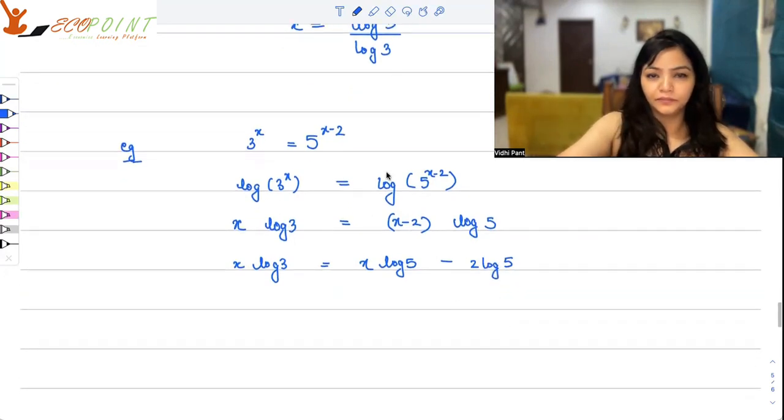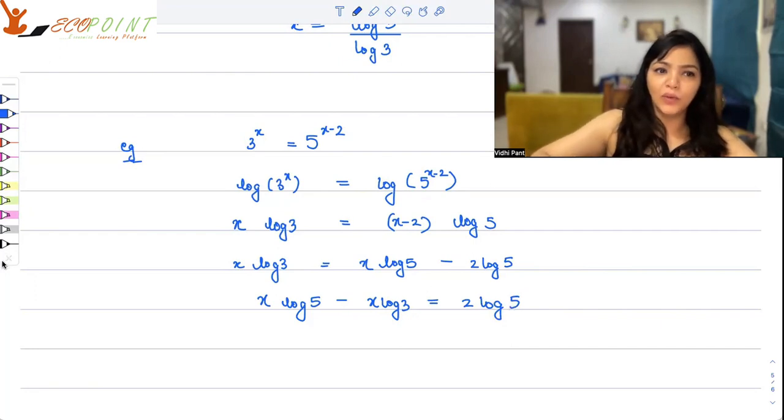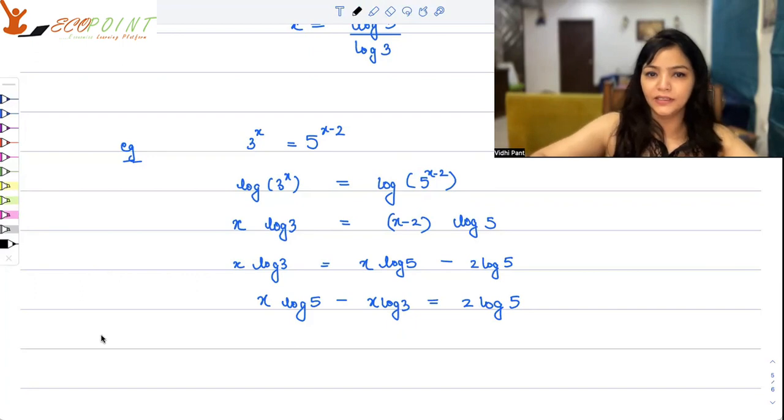Right? In other words, I can say that x log 5 minus x log 3 is equal to 2 log 5. So what I've done is I've just taken on one side the entry which had no x in it, and all the x entries are on one side.